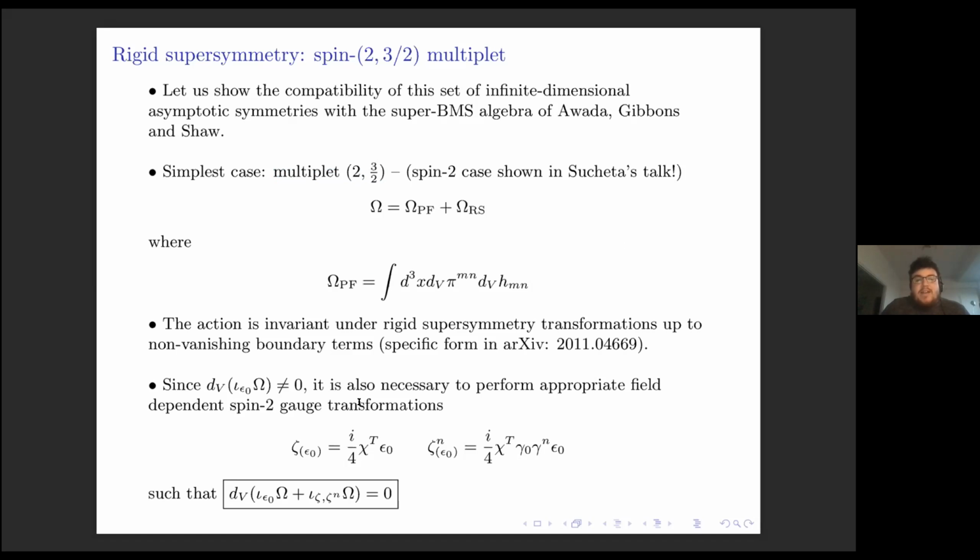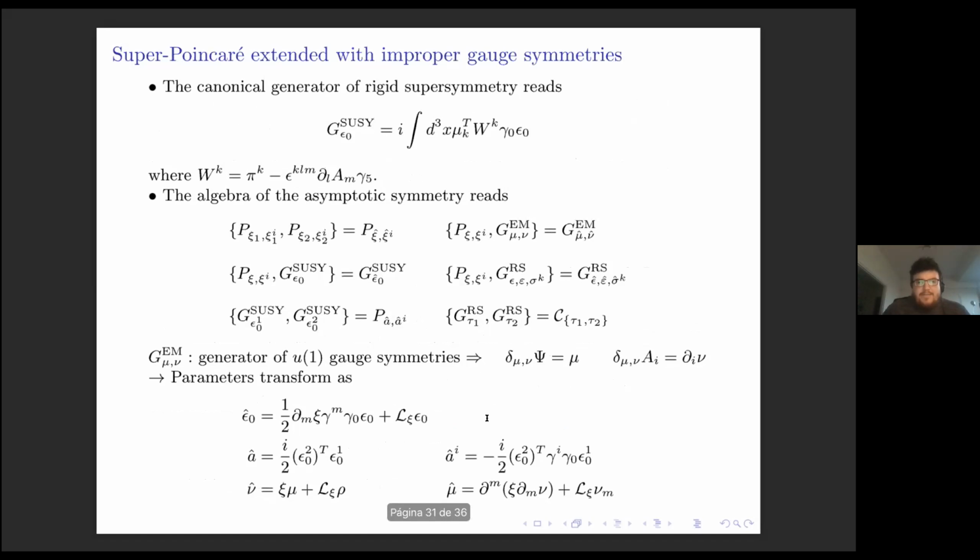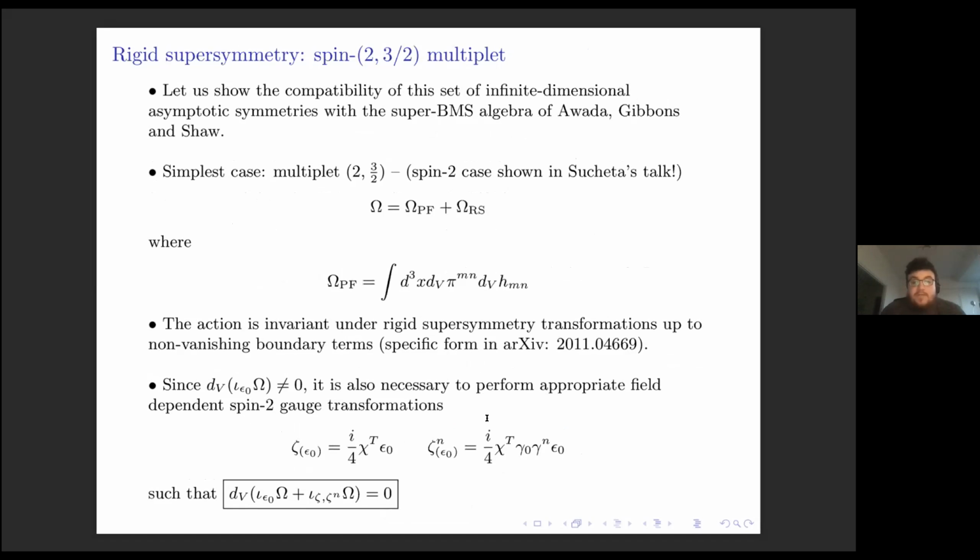But we can circumvent this problem by performing an additional field-dependent spin 2 gauge transformation of this form, where the gauge parameter is related to the new field chi. I forgot to say that in the U(1) case, the gauge parameter was related to the new field chi in the fall-off of the fermionic field.